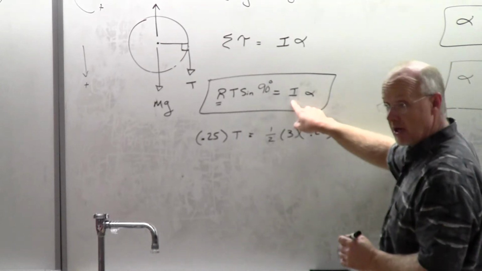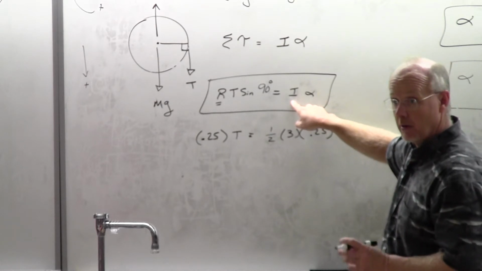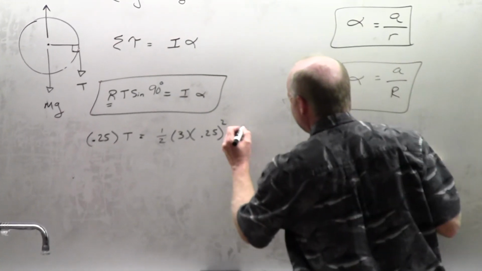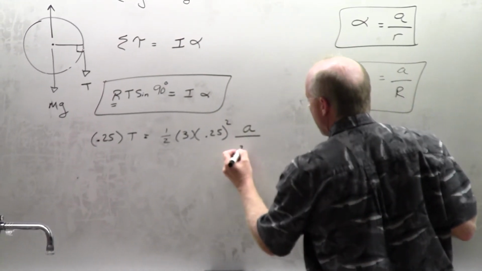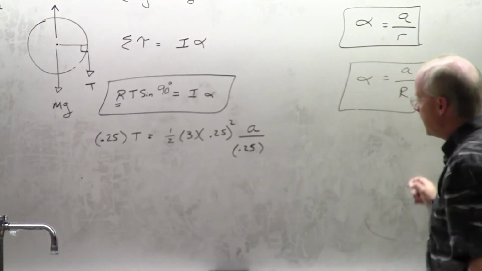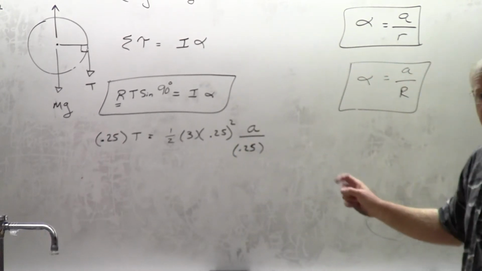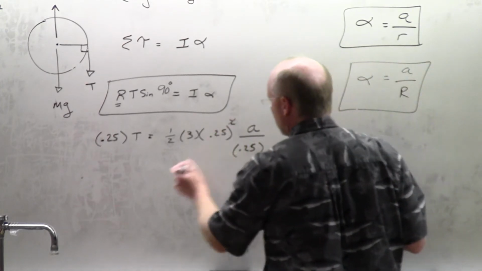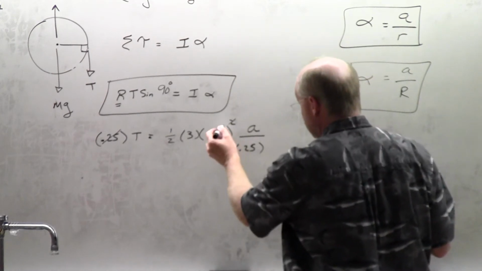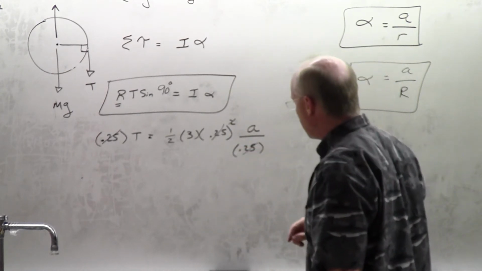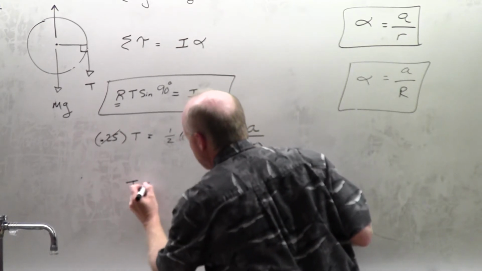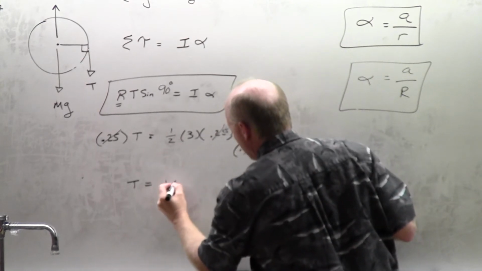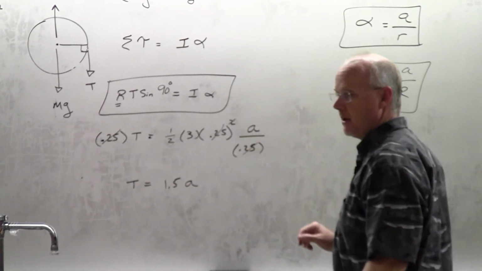So there's the rotational inertia, or moment of inertia, of the reel. Alpha is what we said is over here. Our alpha is our a divided by our R. So again, this is my second equation with a tension and an acceleration. Fortunately, one of those cancels with one of those, as well as the second one here cancels with the second one here. And so this comes out to be T equals, looks like, 1.5a.